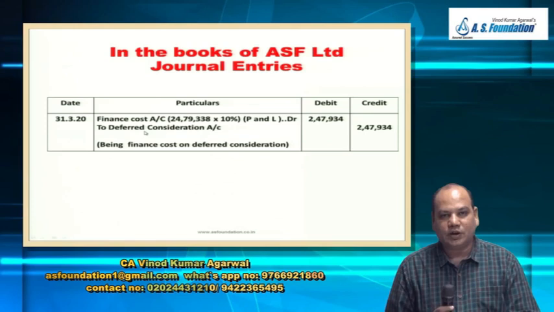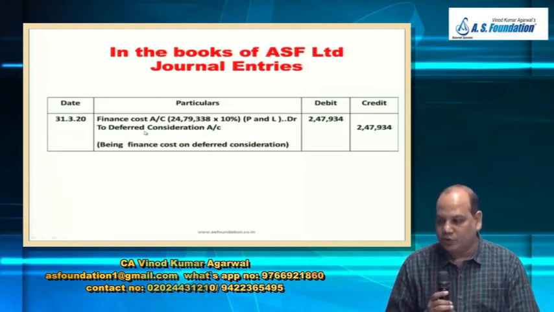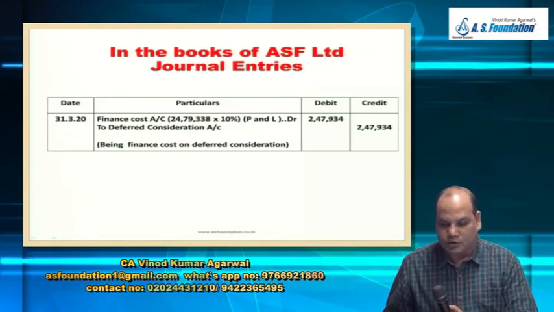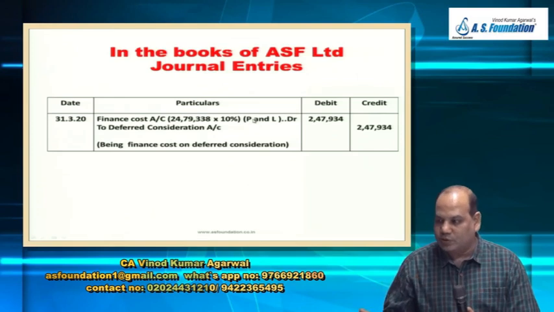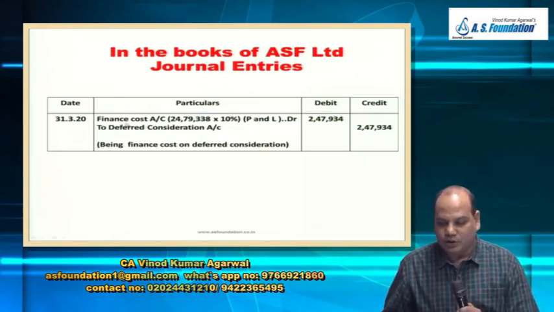To deferred consideration account 2,47,934. And in bracket write down finance cost P&L account. Otherwise you want to pass one more entry, then pass one more entry and transfer it to P&L account.